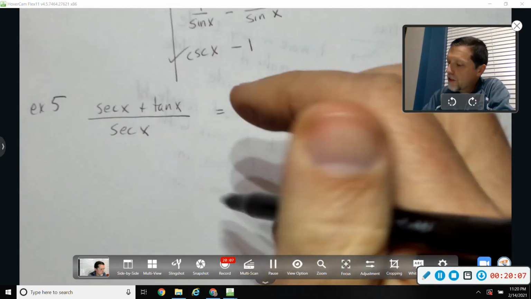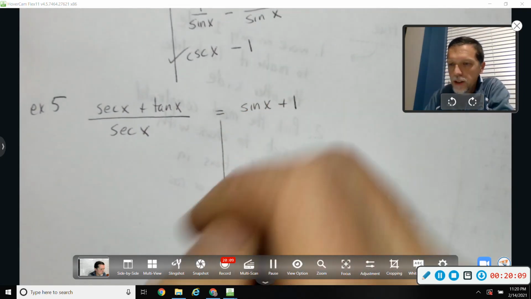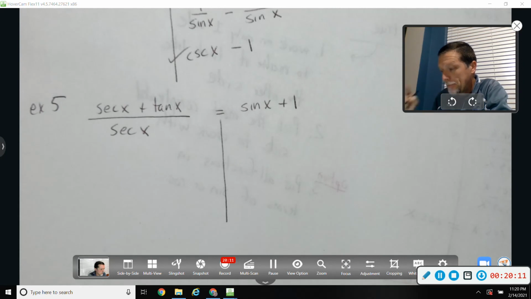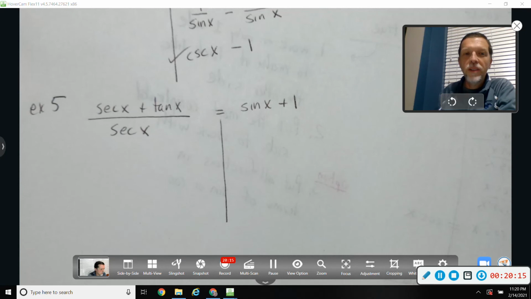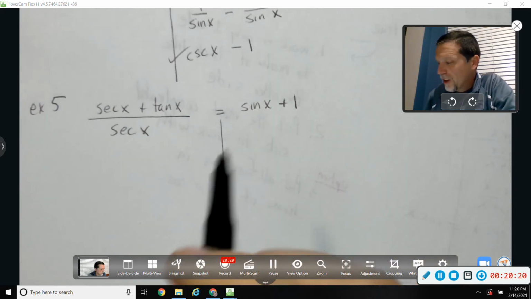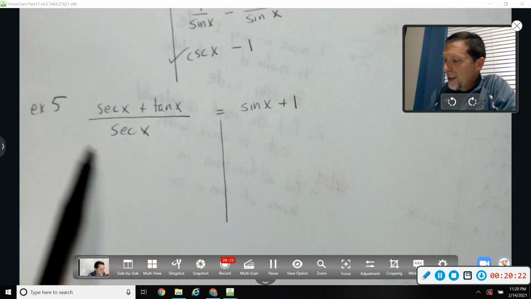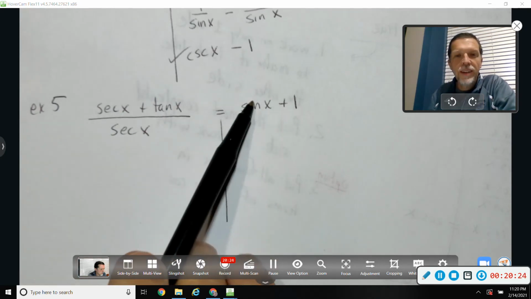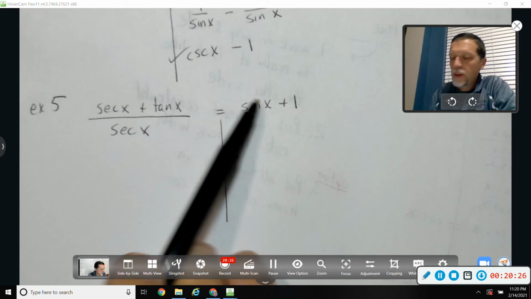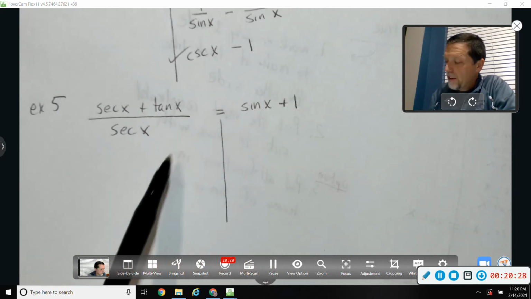Again, decision number 1 is which side do I work on? Again, the more complicated side is usually the best choice. Again, it's not a right or wrong choice, there's just a best choice, usually. And this one, this side looks way more complicated than this side. Sine of x plus 1 looks pretty simple, at least as far as these things go.